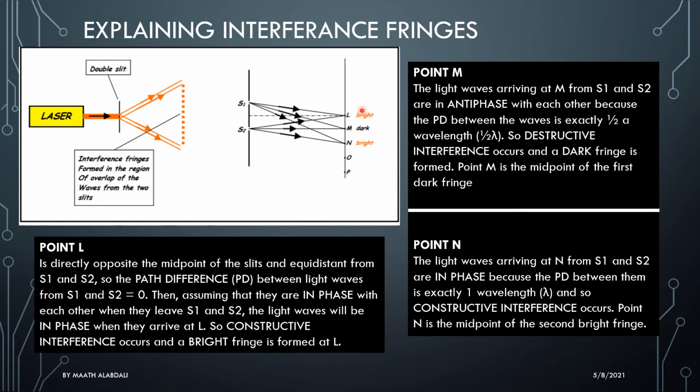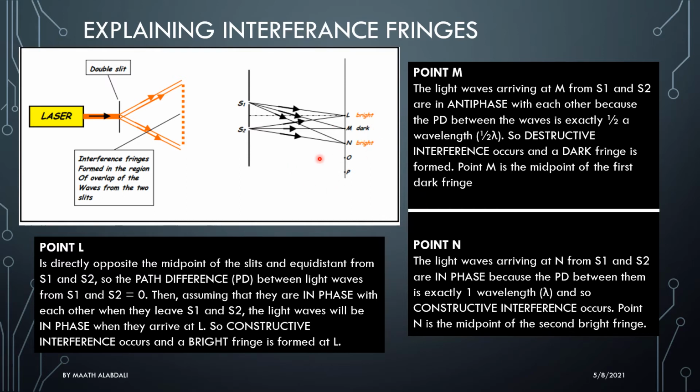Since they are in phase, it's constructive interference, and a bright fringe is formed at L. At M, however, it's a dark fringe because it's destructive interference, and I explained previously that in destructive interference they are separated by a path difference of half lambda, and here the waves from S1 and S2 are in antiphase, and a dark fringe is formed.